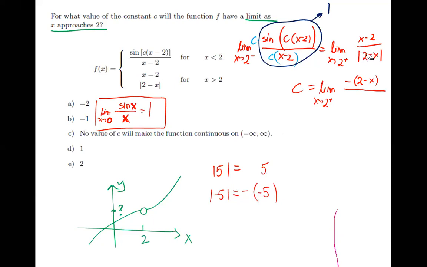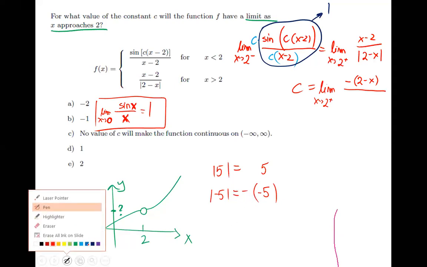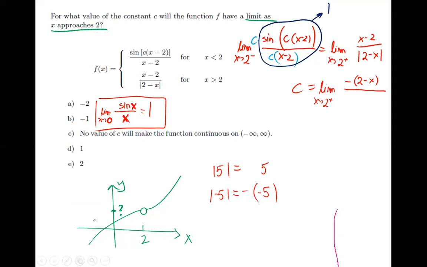I don't know the sign of the quantity 2 minus x. If this quantity is positive as x approaches 2 from the right-hand side, I can simply ignore the absolute value. But if this quantity 2 minus x is negative as x approaches 2 from the right-hand side, I can copy this quantity and put an extra negative, like I did for negative 5. Let's check, I can use a different color.